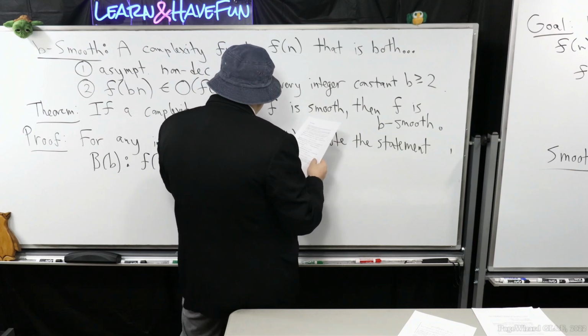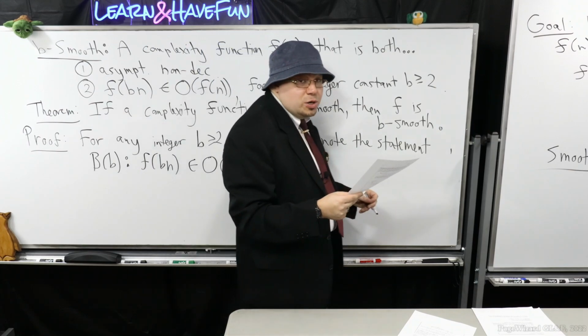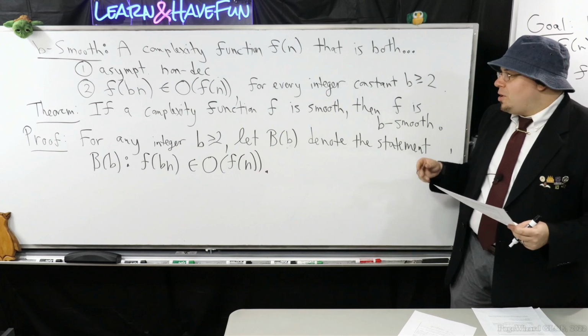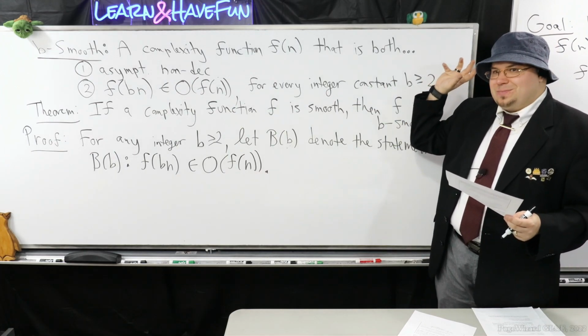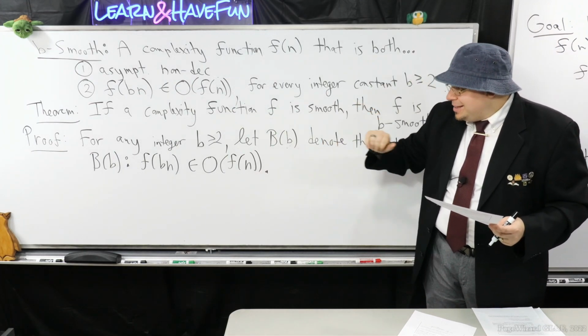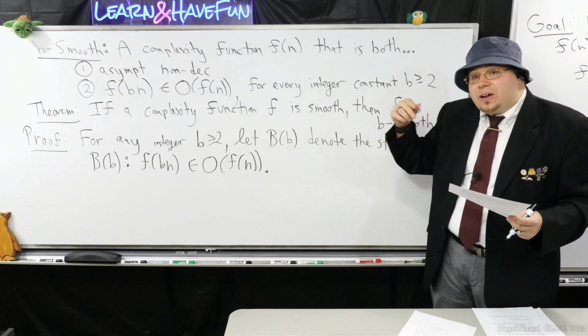So I'm going to presume that the function f is smooth. Our goal is if f is smooth, then it has to be that this is true for each value of b.